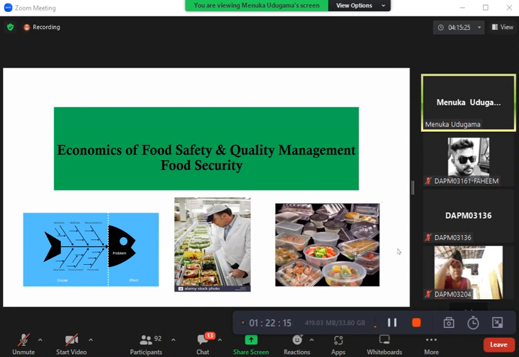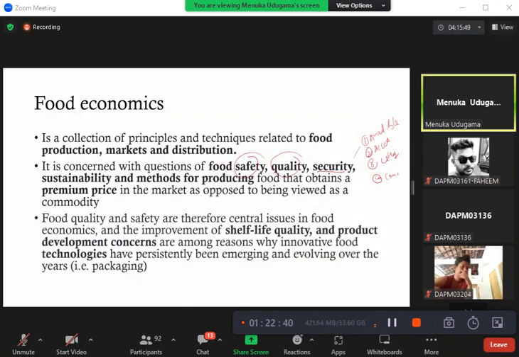Right, so now we'll talk about some applications of what we have learned. So we said there are two broad areas, and under which there are some sub areas. So food economics is something that agriculturists specialize in, economics of agri-food industry, right? So when you talk about agricultural economics or food economics, what are we interested in?